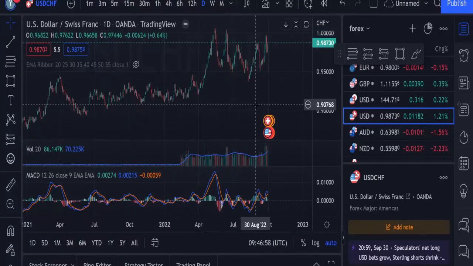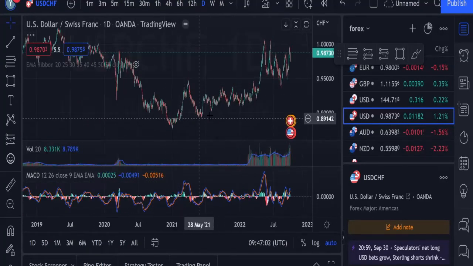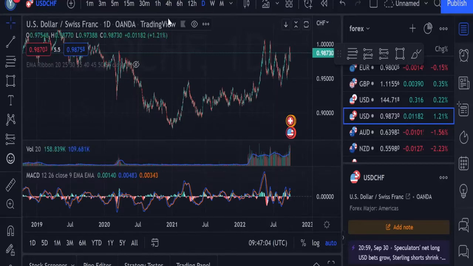Swiss franc is a different game entirely because there is a kind of mini uptrend on the USD CHF. Although the market is consolidating now, so we can't say which direction it's going to break into.